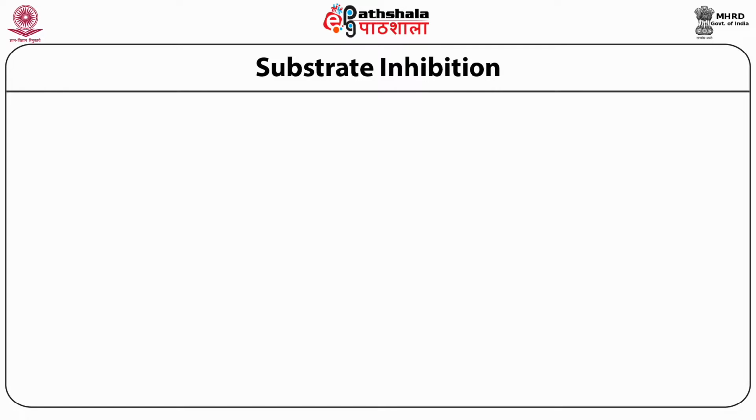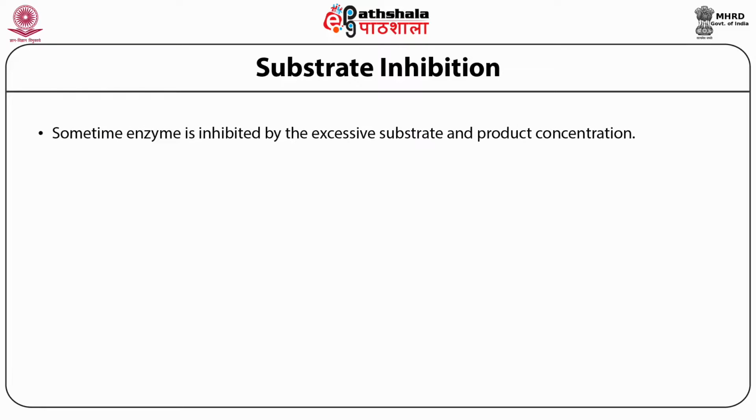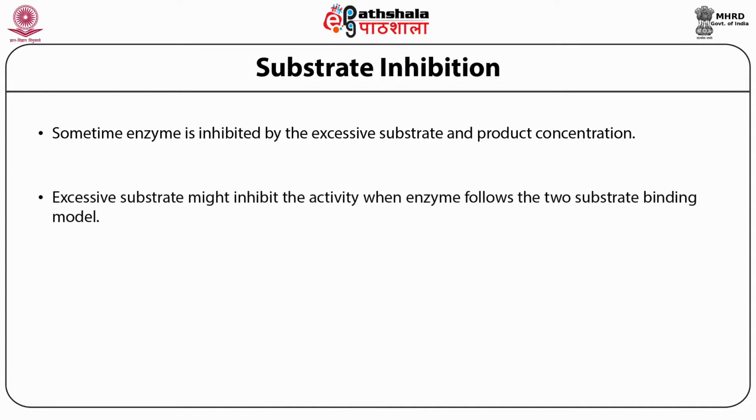Usually substrate does not act as an inhibitor for the enzyme, but sometimes if we have excessive substrate and the enzyme follows the two substrate binding model, then it may act as an inhibitor, and it always does so at higher substrate concentration.